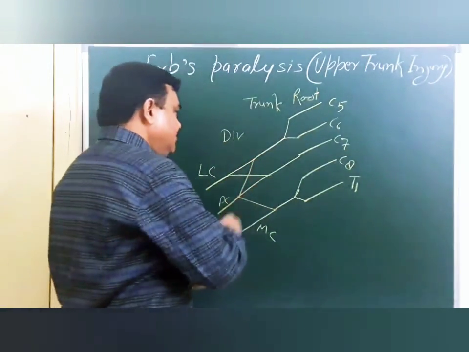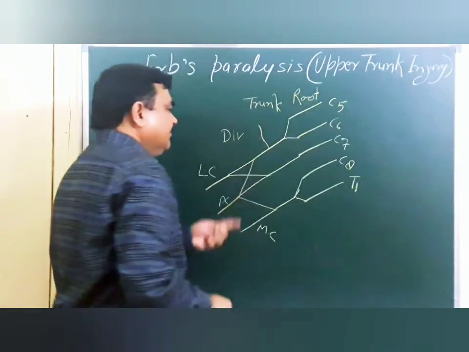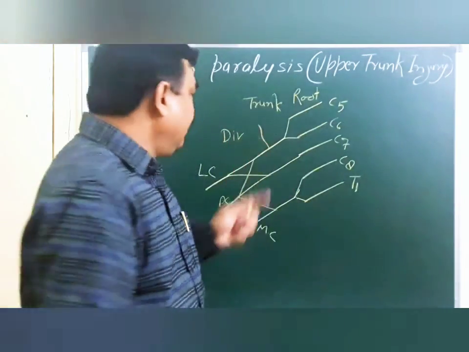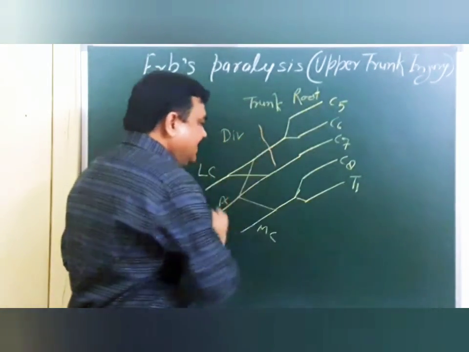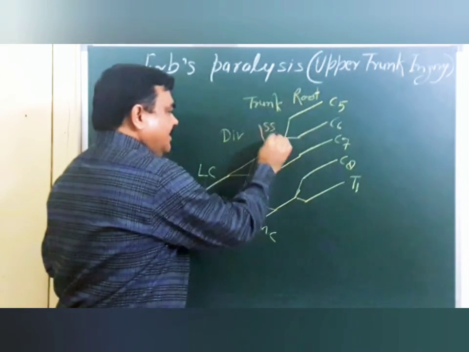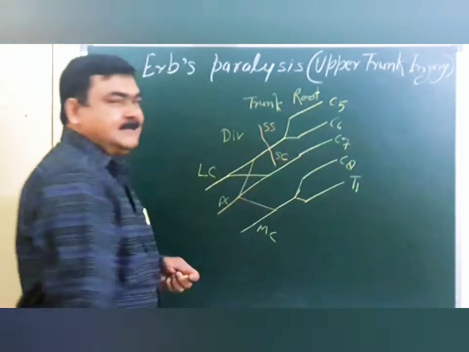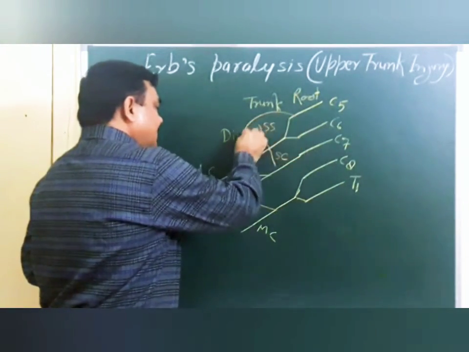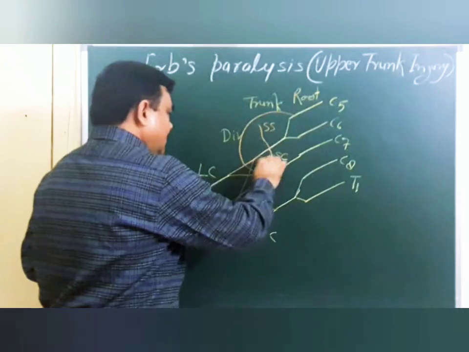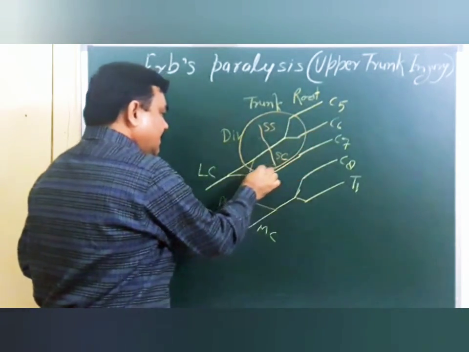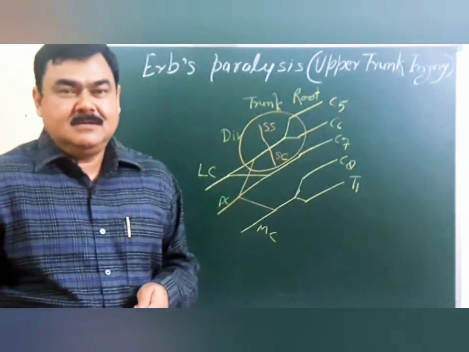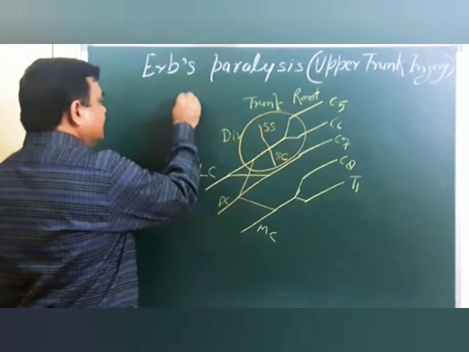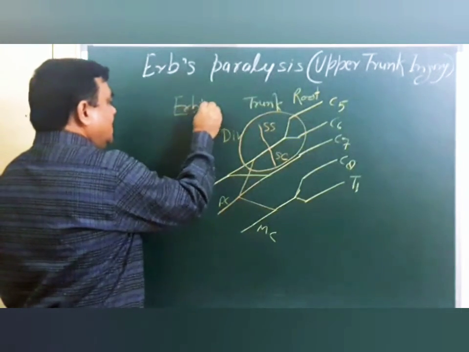Now, if you see here, here is a branch that is suprascapular nerve. Here is nerve to subclavius. This part is known as Erb's point.